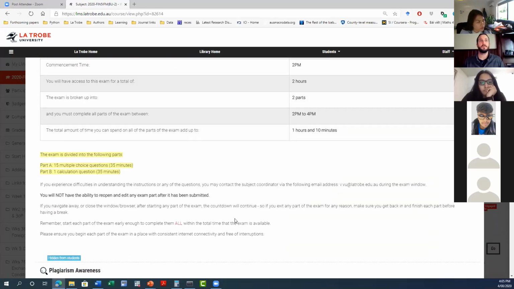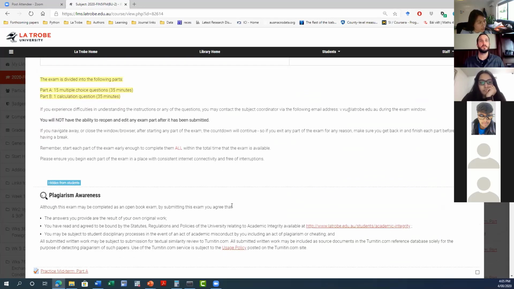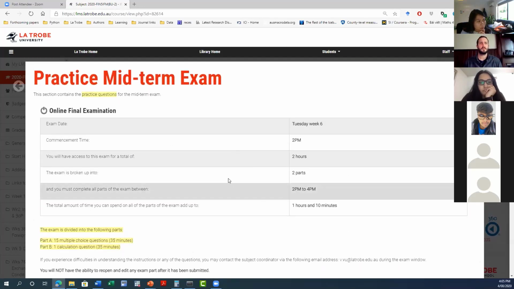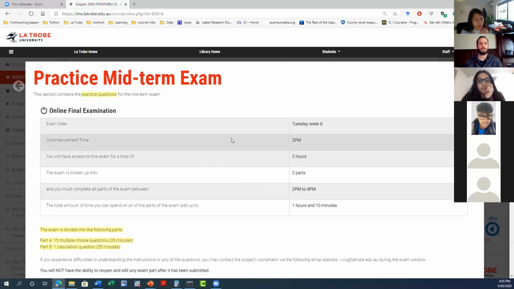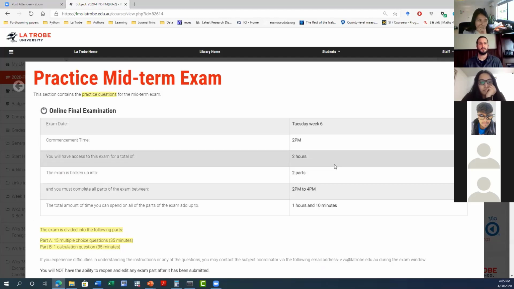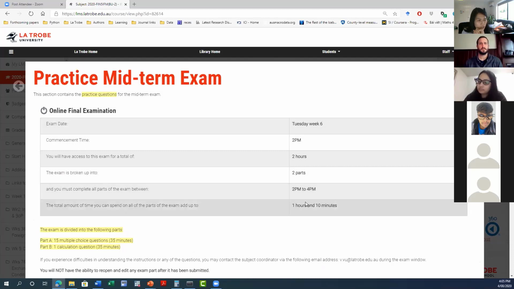As of today I haven't made it available yet, but it will be available by Friday this week. The purpose is for you to revise and prepare for your actual midterm, which is in week 6. This table tells you all the information.